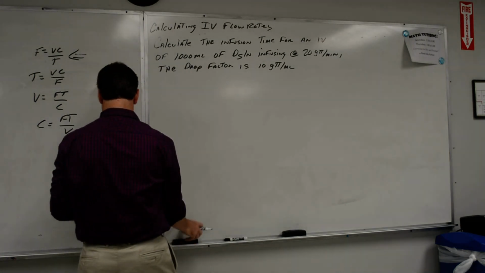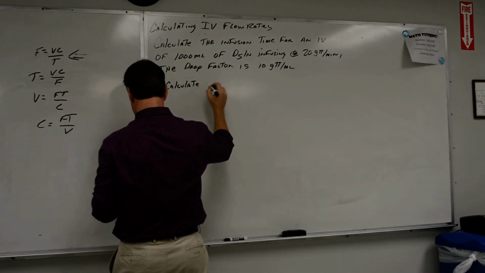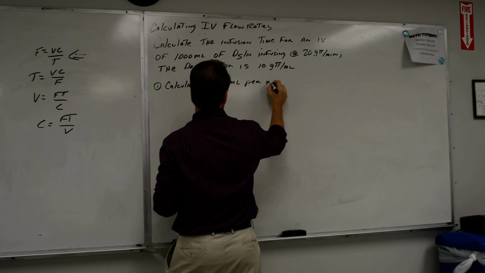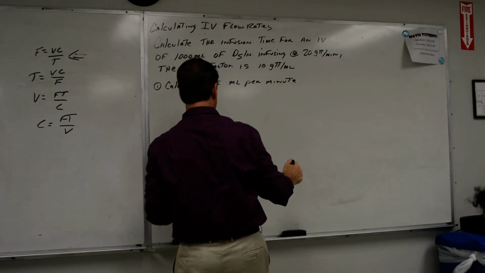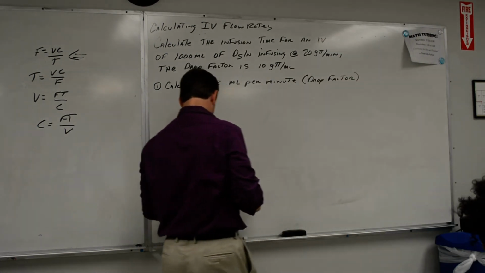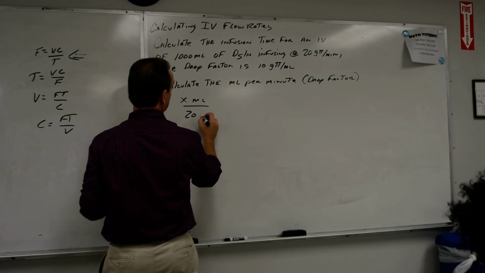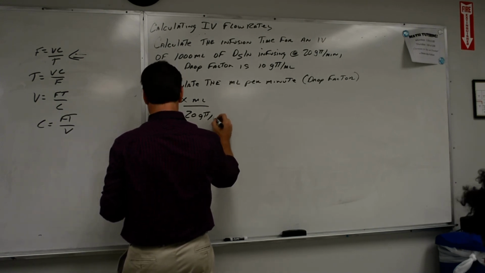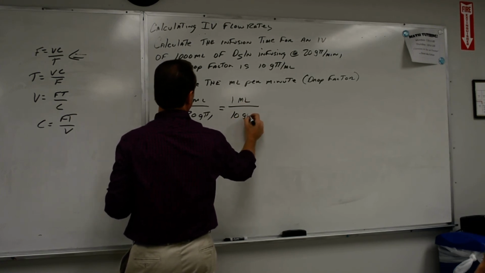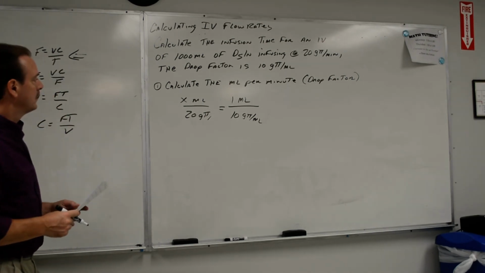So let's go like this. Number one, say X ml over 20 drops, right? Okay.